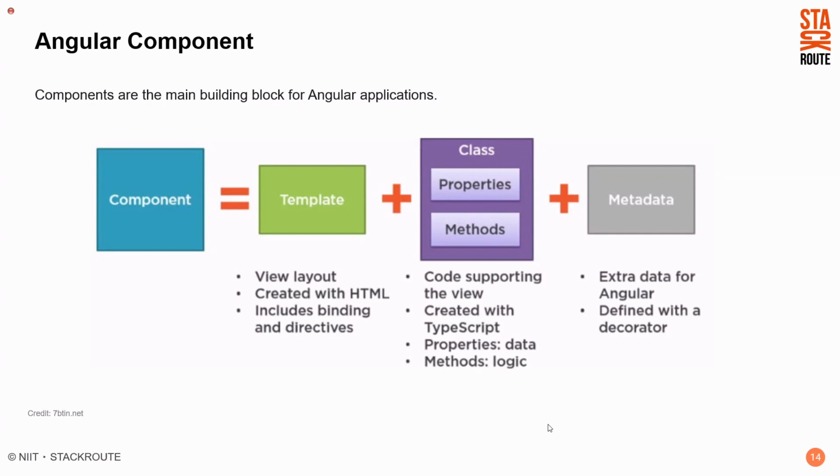Your HTML file acts like a view layout, where you can also do data binding and directives. As of now, we came across only 2 directives. Today we will explore more on directives in the afternoon. Yesterday we used only structural directives, ng for and ng if. Apart from that, we did a lot of data binding.